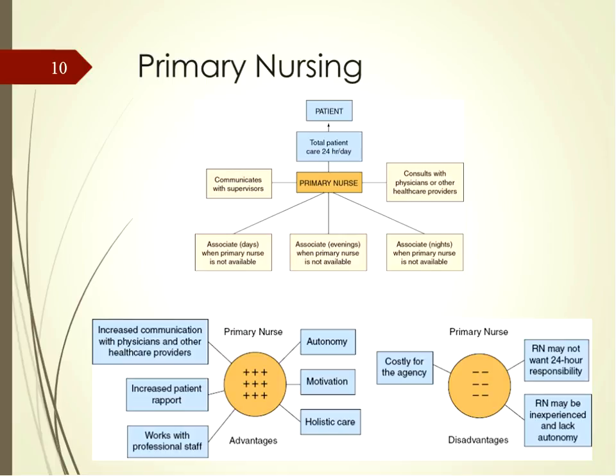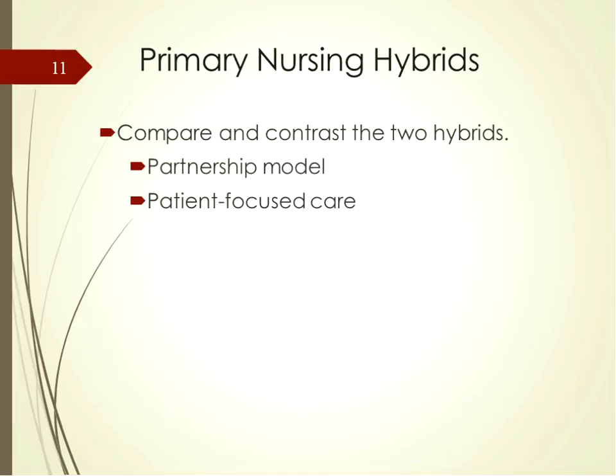Disadvantages are going to be very costly for the agency. The RN may not want 24-hour responsibility, or the RN may lack experience or autonomy. Two primary hybrids exist. They are the partnership model and the patient-focused care model.